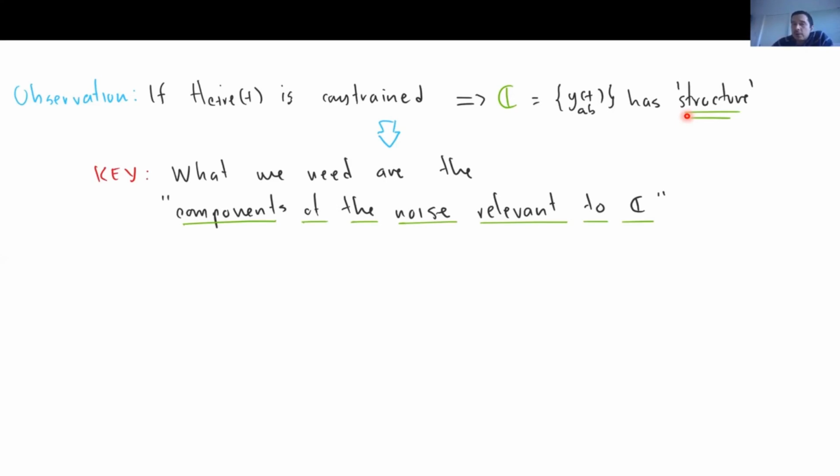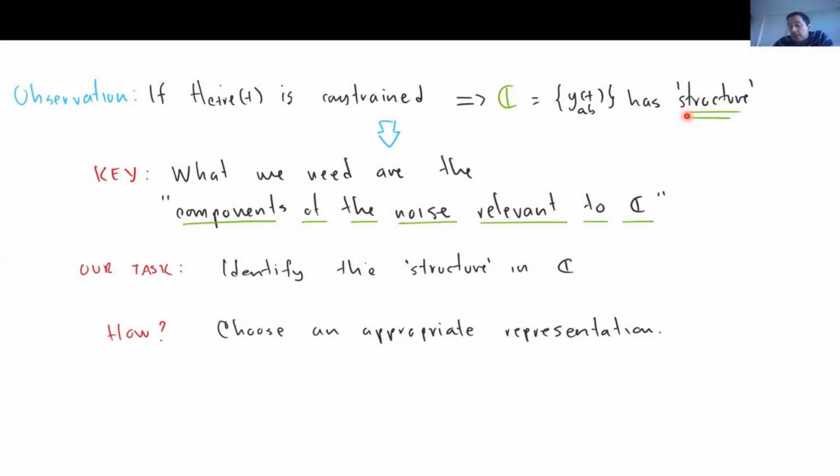Of course, this is all in quotation marks at this point, because this is sort of the intuition, but it's perhaps not so clear how one can do that, right? And so the task is to provide the mathematics that will allow us to identify this structure. And then the key thing is we just really need to choose an appropriate representation for a given control. And this is really the essence of it.